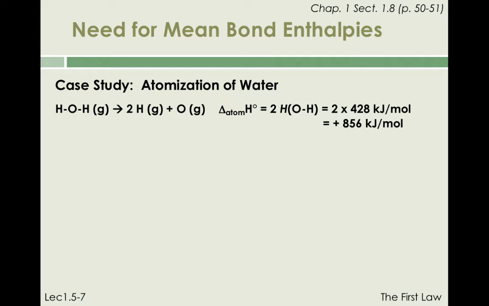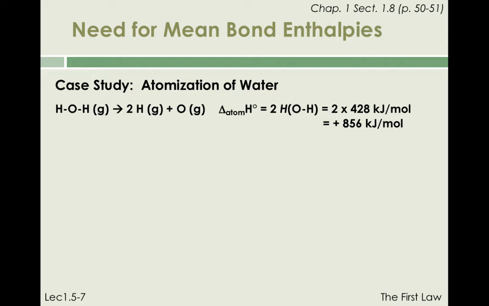On the previous slide, we indicated that the OH bond enthalpy has a value of plus 428 kilojoules per mole. So we should expect the standard enthalpy for the atomization of water to have a value of 2 times 428 kilojoules per mole, that is 856 kilojoules per mole of water.